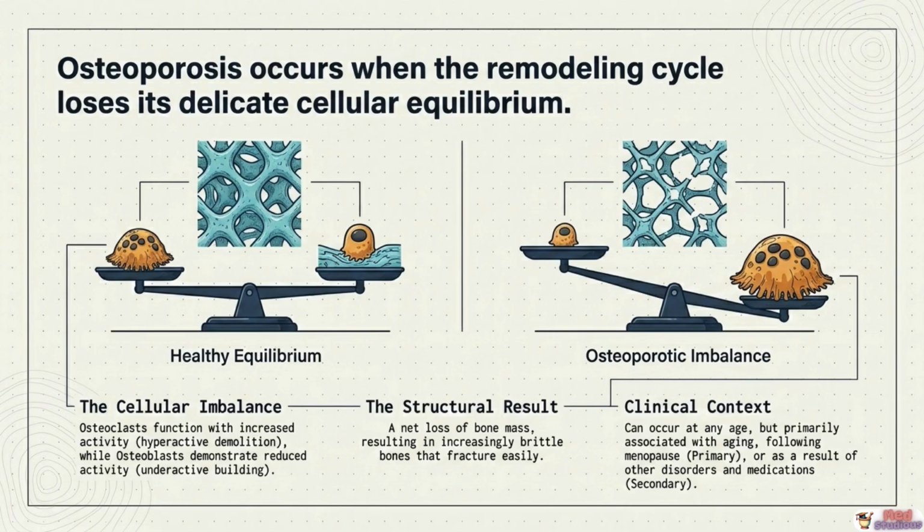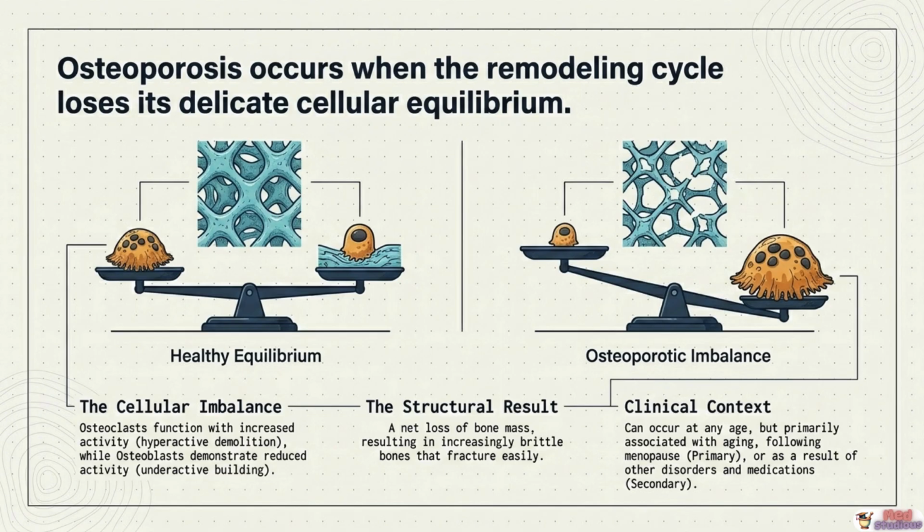Osteoclasts become hyperactive, demolishing bone matrix faster than osteoblasts can replace it. Simultaneously, osteoblast activity is reduced. The building rate falls behind the demolition rate. The net result is a progressive, cumulative loss of bone mass and structural integrity. At the microscopic level, this imbalance is immediately visible.